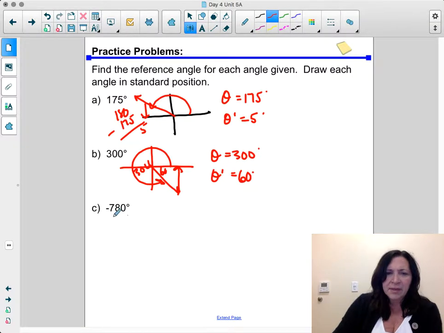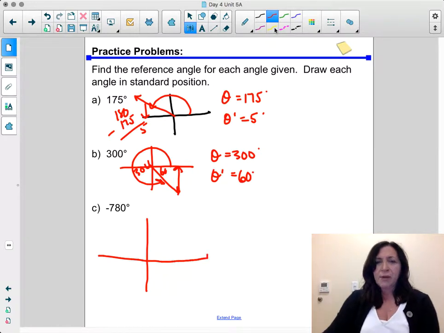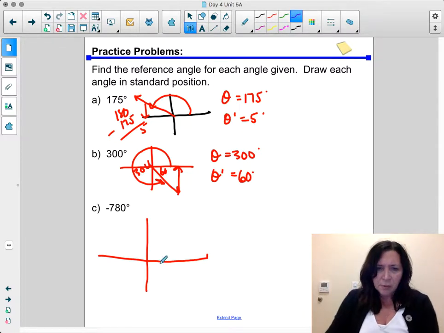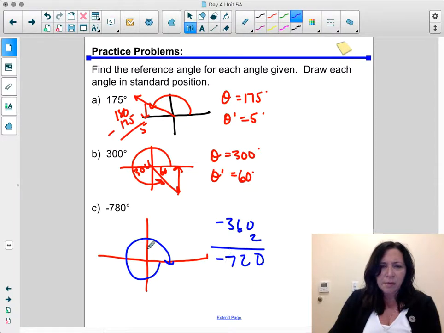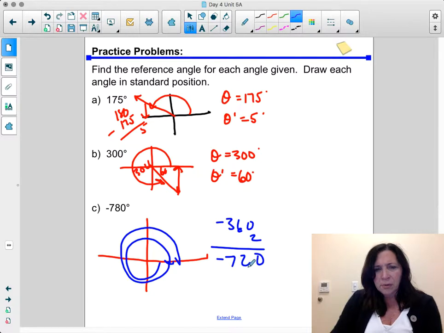Okay, negative 780. So let's think about that. First of all, that has to go in the opposite direction. So this is negative 360. That's one time. Going around twice is 720. So now we're here. Now the difference between the two is the 60 degrees, so I've got to go another 60 degrees down here.